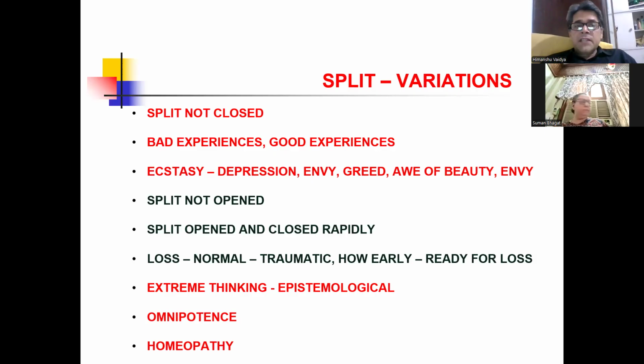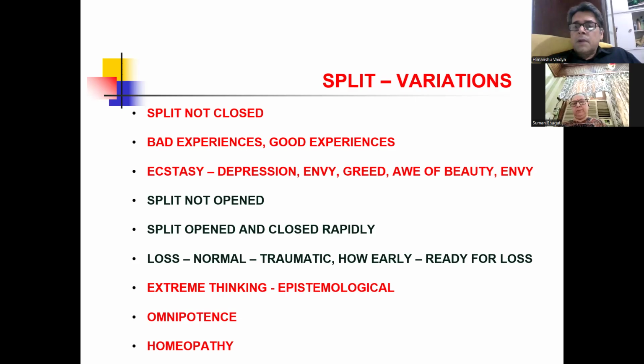Split not closing, second problem. Split closing, but the closing being very fragile. At the slightest of stress, the split again opening up, which means the closing is fragile. That's the third problem. Split not opening up for a good purpose is the fourth problem. Split opening and closing rapidly, that's another problem.